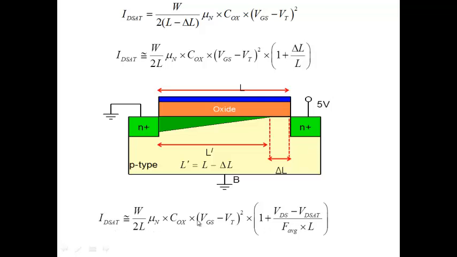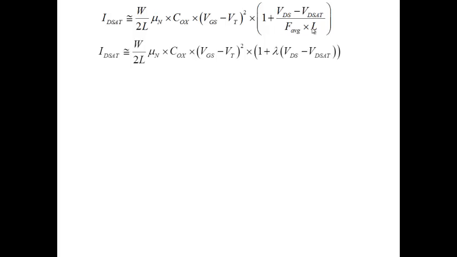So that's a simple model for delta L, and we get this particular expression: W by 2L mu n C ox (VGS minus VT) squared times (1 plus (VDS minus VD sat) divided by the average field, multiplied by L). We don't know what the average field is, but we are saying it has some value. One could take this F average into L, and note that field into L has units of voltage, and one can define this as a new quantity called lambda.